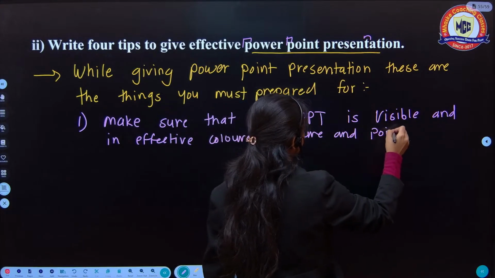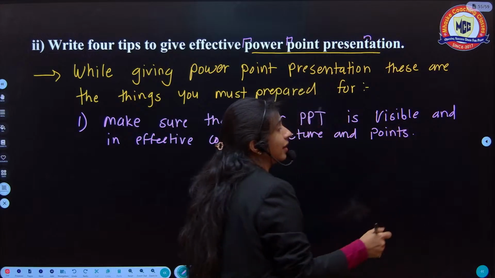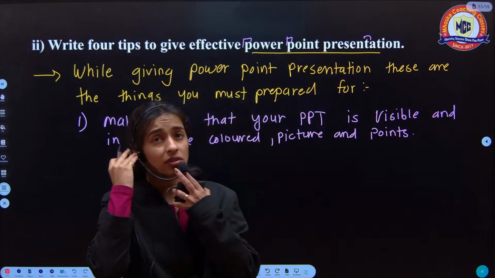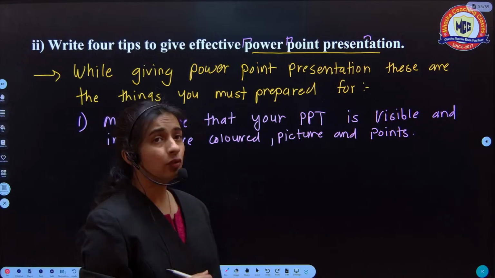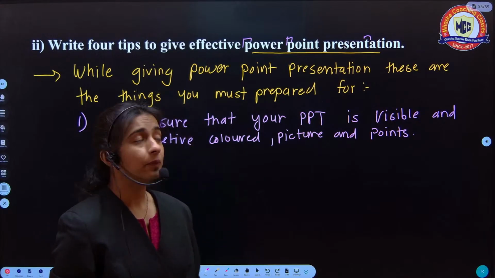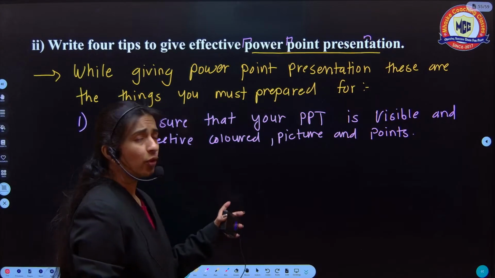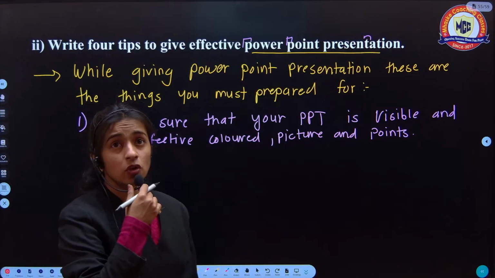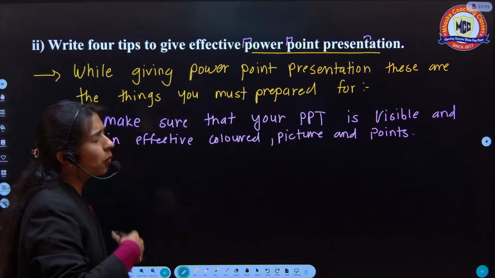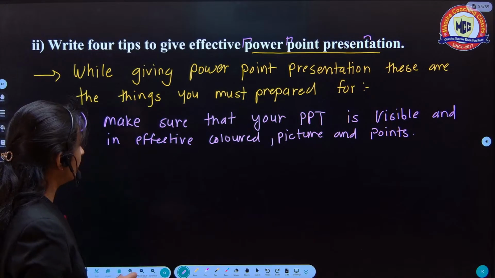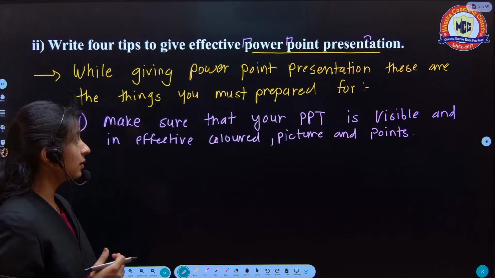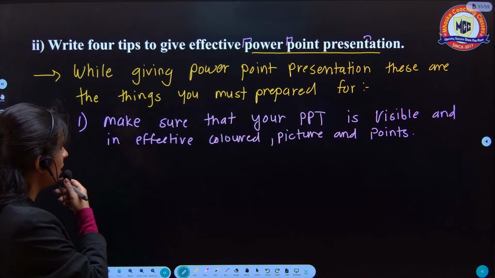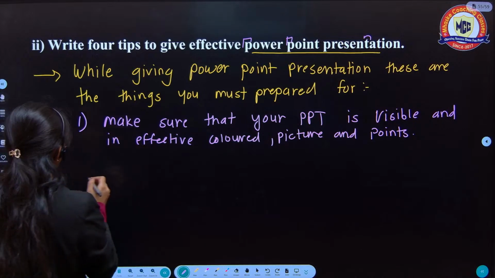So ideally in a PPT, you cannot write descriptive things. You just need to write points. And when you are explaining the PPT, you will explain it briefly. So make sure that you're writing points and you're briefing it. You're not allowed to write the whole thing in your PPT. Then we must make sure that the pictures and the colors are visible enough. The letters are visible enough.